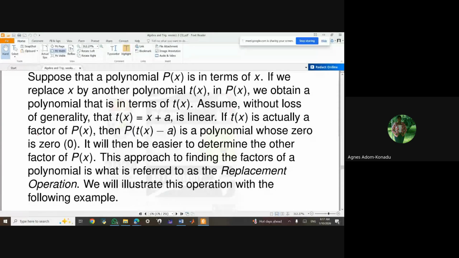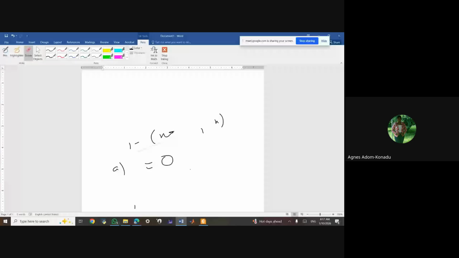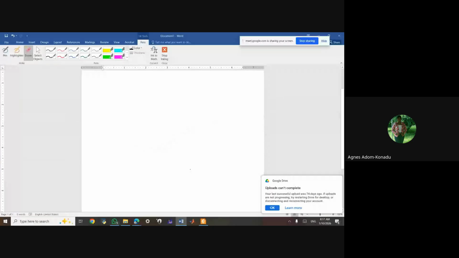Then this means that if I make x the subject, that's what I'm talking about. So that's about the replacement operation.